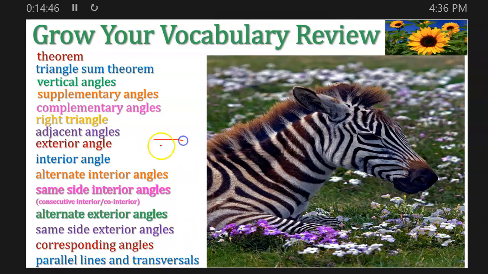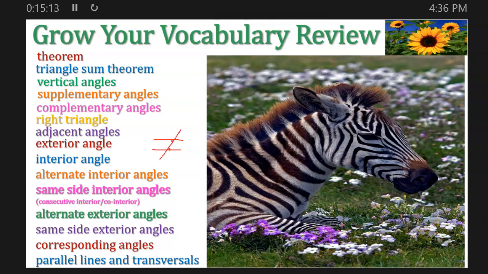So I've got the two lines with the transversal going through, and alternate interior angles would be inside the parallel lines here and here, but on opposite sides of that transversal. Alternate sides of the transversal, inside the parallel lines, and they're congruent. Alternate exterior angles are going to be outside the parallel lines. So let me change colors here.